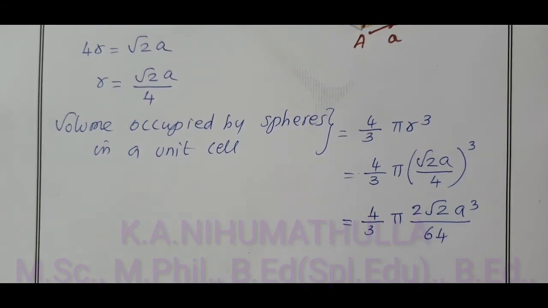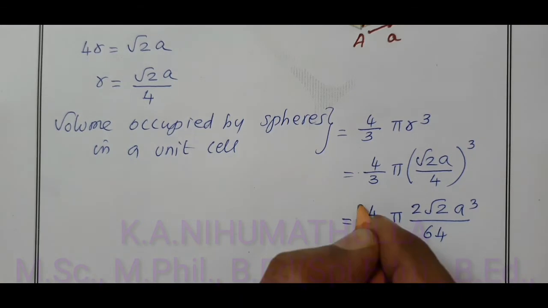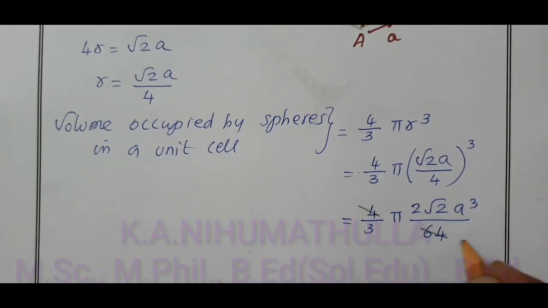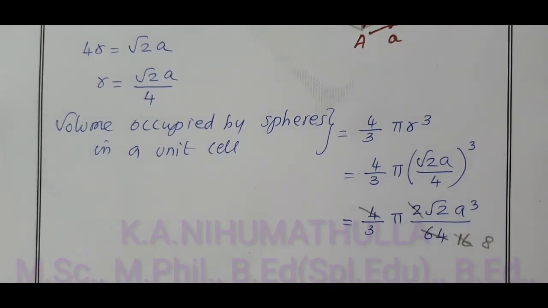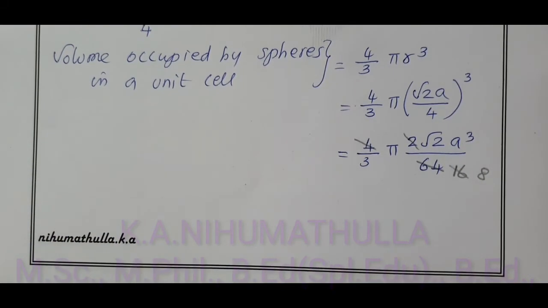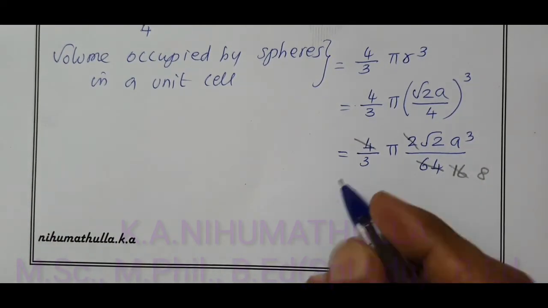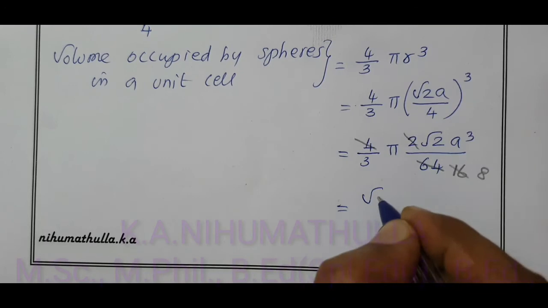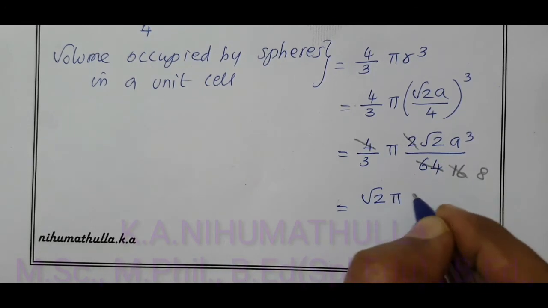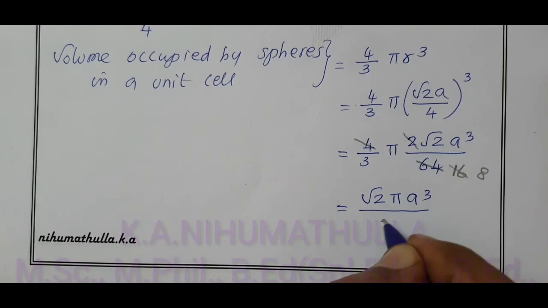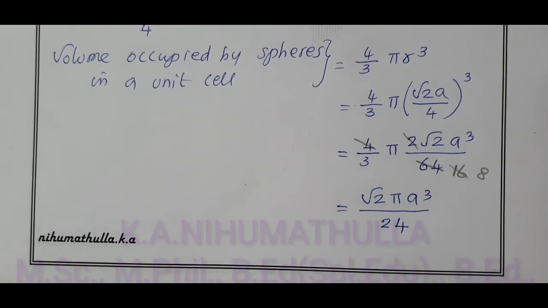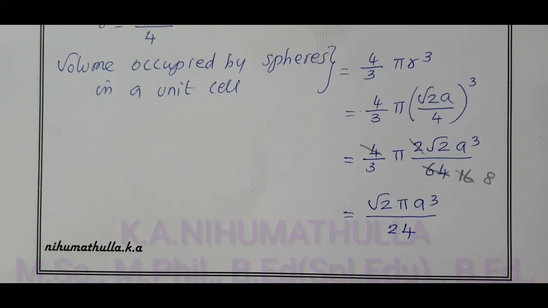Root 2 into root 2 equals 2, so 2 root 2 a cube over 64. When you cancel, 4 16s are 64, and 2 8s are 16. So the answer is root 2 pi a cube by 24. This is the volume of one sphere.